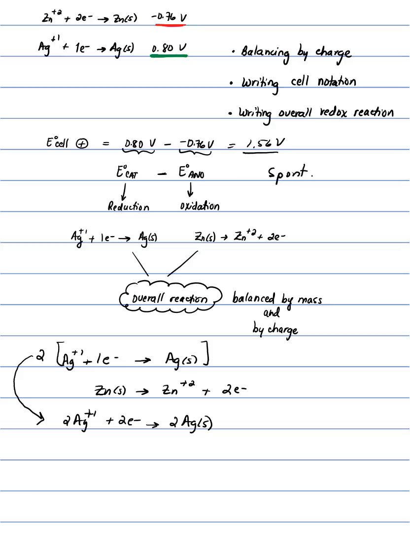So you're getting your 2 electrons from the oxidation of zinc, and those 2 electrons are being used up in the reduction of your silver ion. So your electrons are canceling out. They will cancel out because you have the same amount. If you don't have the same number of electrons in each half reaction, then you cannot cancel the electrons out.